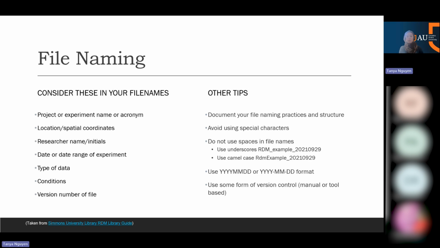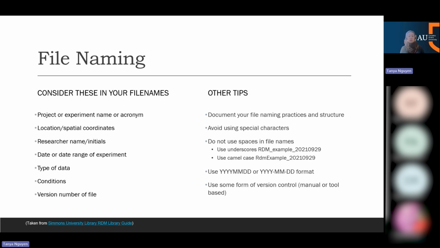So when we're talking about file naming, some general considerations to think about are: does your project or experiment have a name or acronym that you can put in the file name? Is it location specific? Are there spatial coordinates or location names you want to include for samples in your file names? And are there multiple researchers?